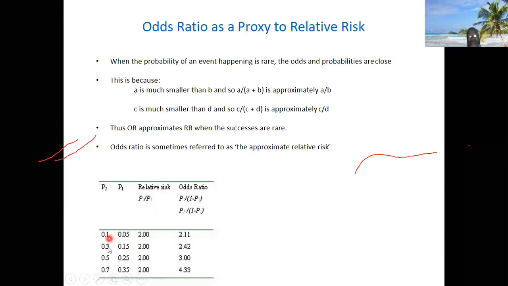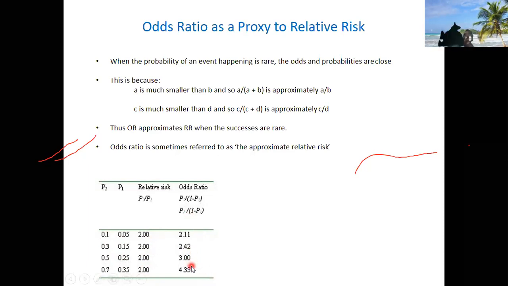Can you see? As the disease is increasing in the population, even though it's maintaining the same relative risk, the distance between the exposed and non-exposed is the same. That's why you have the same relative risk of 2, because the disease is double in the exposed than in the non-exposed. But as the disease increases, it doesn't affect the relative risk, but it has affected the odds ratio.